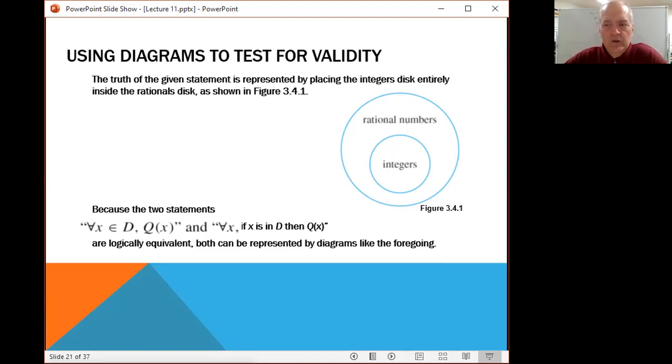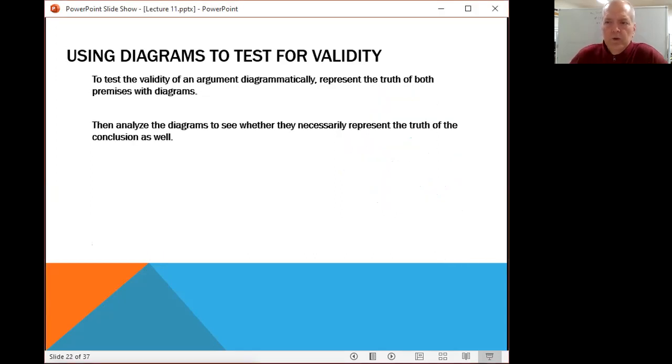In the second case, you're looking at a domain of all x, and then you're looking at a subset of those, if x is in D then Q(x). But they're logically equivalent statements. So we can test the validity of an argument with these diagrams, and then determine the validity by looking at the diagrams and the conclusion itself.